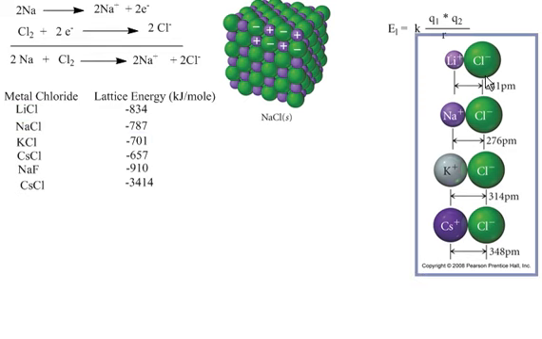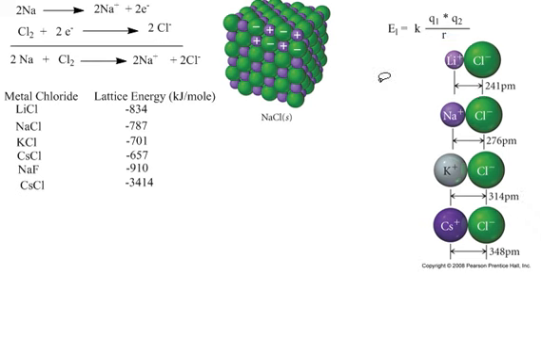And this is because as we go down the periodic table, the cation gets bigger. The two ions are further apart. Another way of saying that is the radius is larger. So the EL, the lattice energy, gets smaller. So as we go down the periodic table, as the ions get bigger, the lattice energy gets smaller.